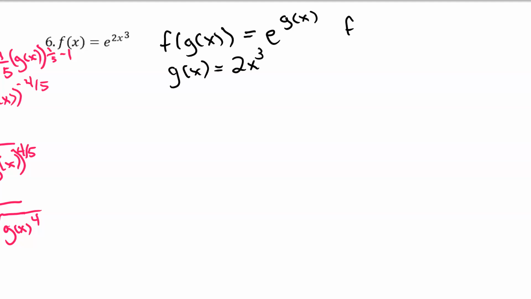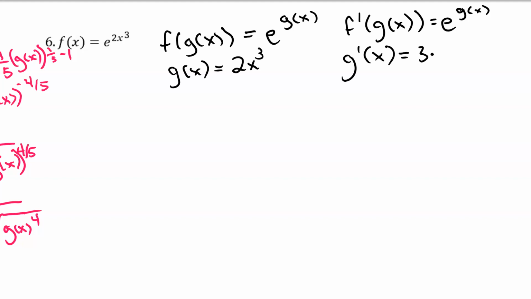The derivative of e to the x is e to the x, so this guy just stays the same. And then the derivative of g of x, bring down your exponent, make your exponent one smaller. So we got 6x squared.